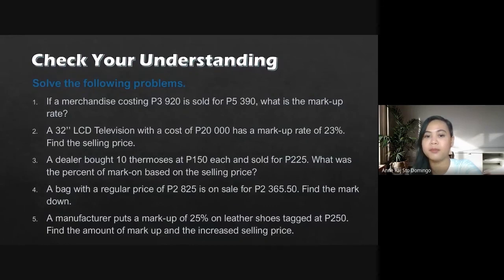We have 5 problems for the check your understanding. Again, write your solution and answer in your notebook. Then, as always, take a picture of your solution and answer from your notebook and submit the pictures to your Google Drive.